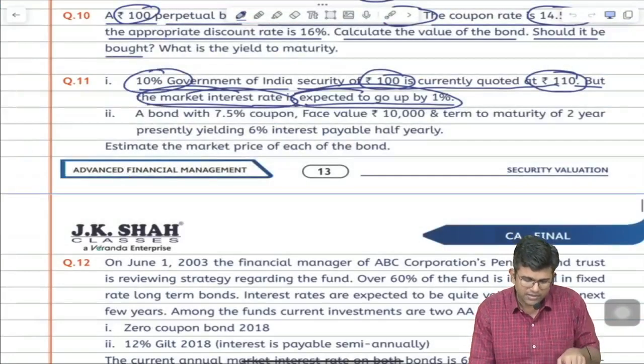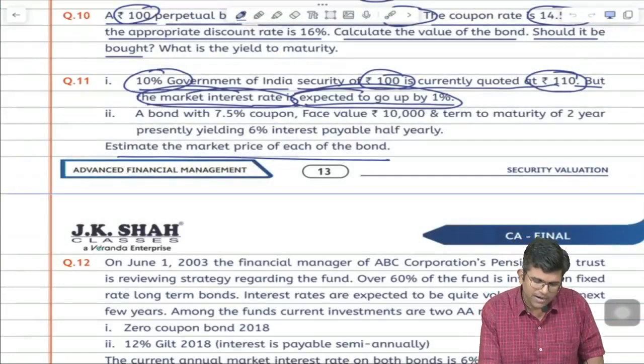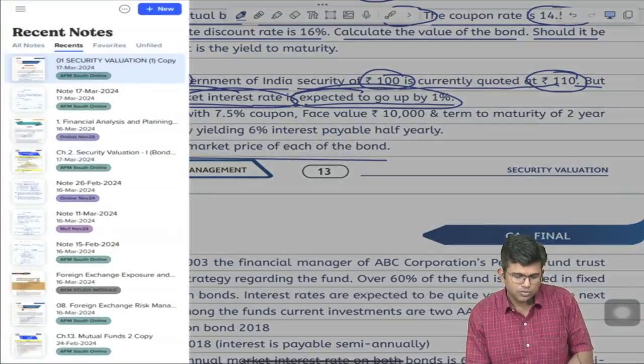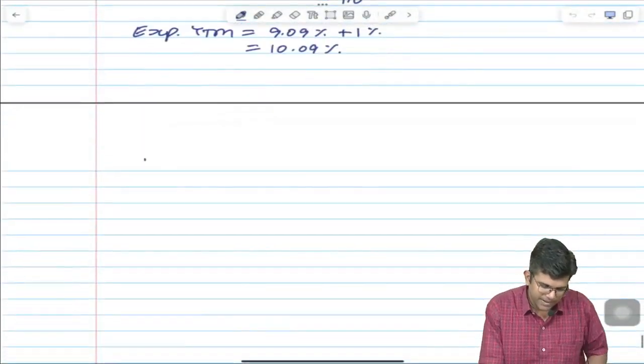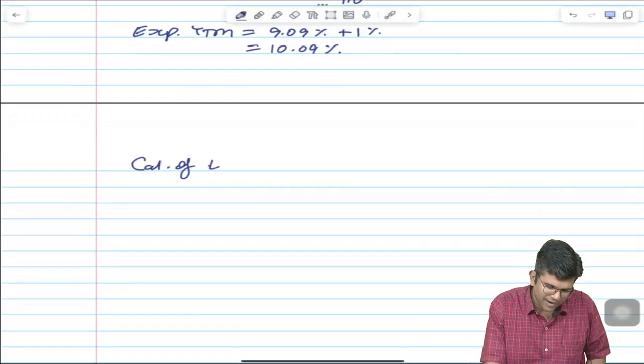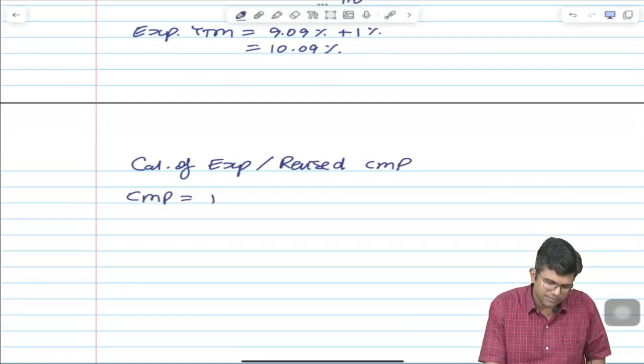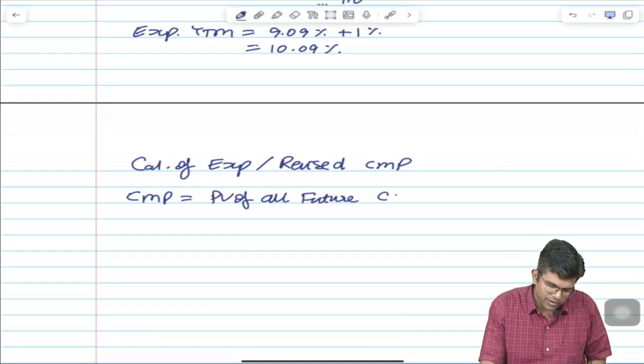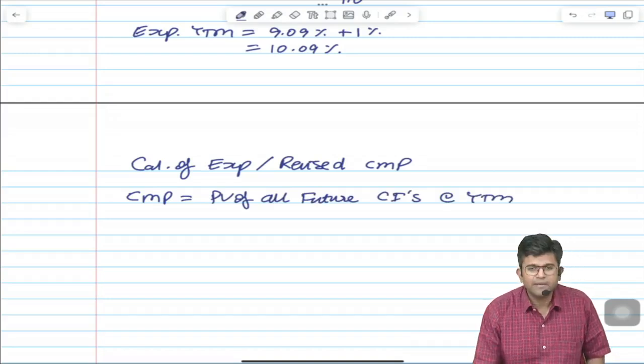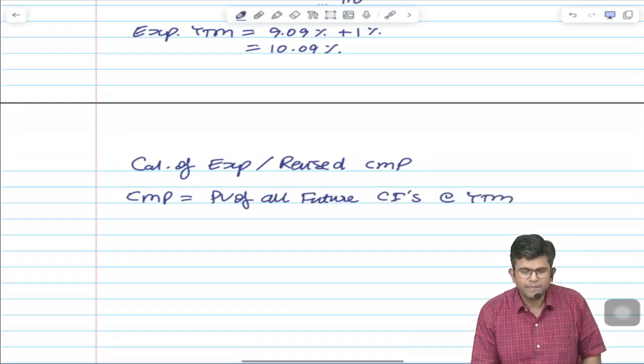Then if this changes, what is the market price of the bond? Students, can I say calculation of expected, or revised, current market price. You know that current market price is present value of all future cash inflows discounted at the rate YTM. Everyone clear?